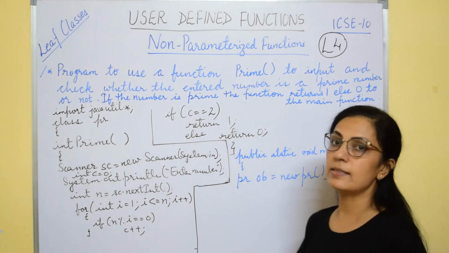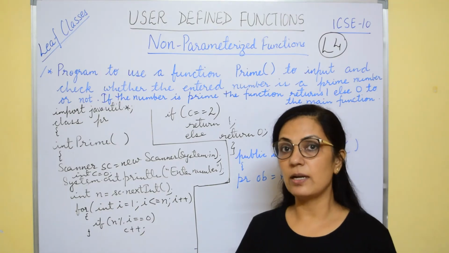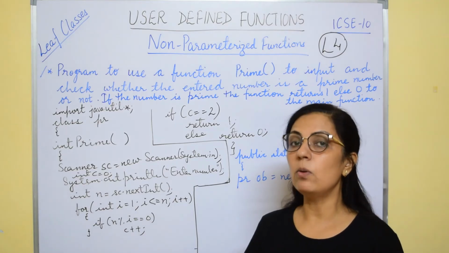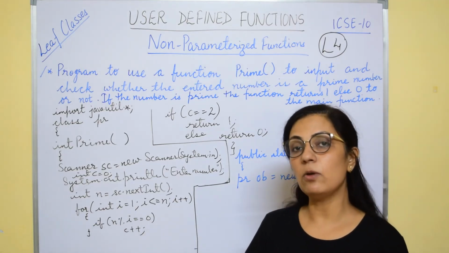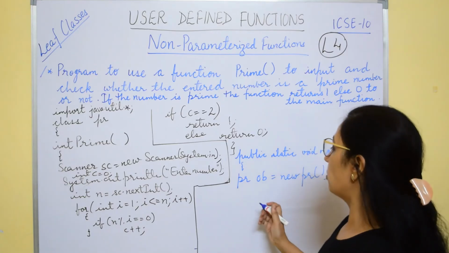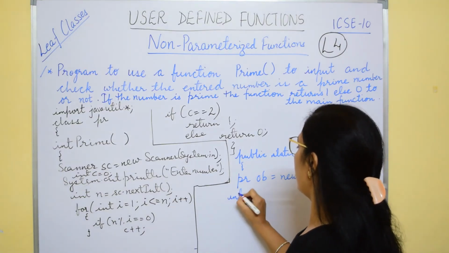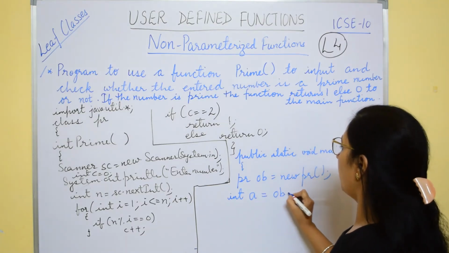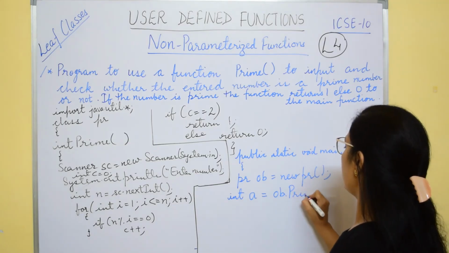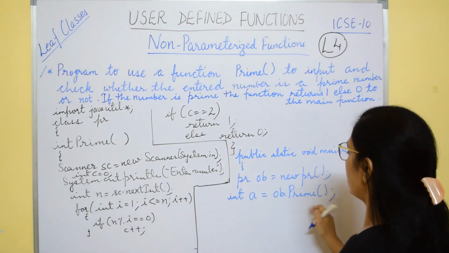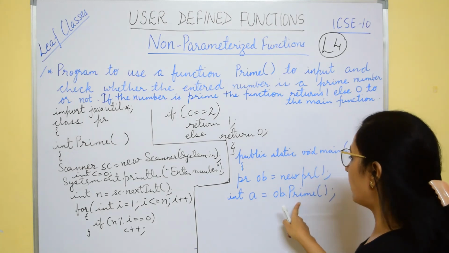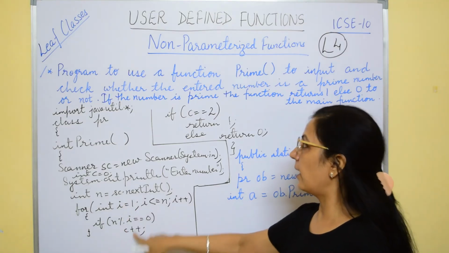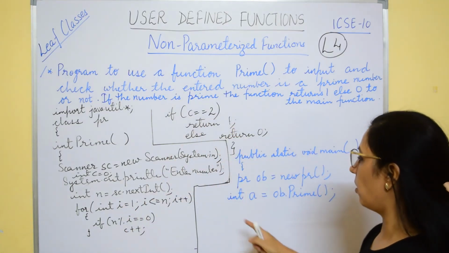And after this we will be calling the function, and since the function is returning an int value, we will be using one int variable to store that value. So here we will write int a, suppose I have taken the variable, equals to ob dot prime. Prime is the function name, and when the program will be executed, the control will be shifted there. The value will be entered, checking, and it will come back with the value 1 or 0.